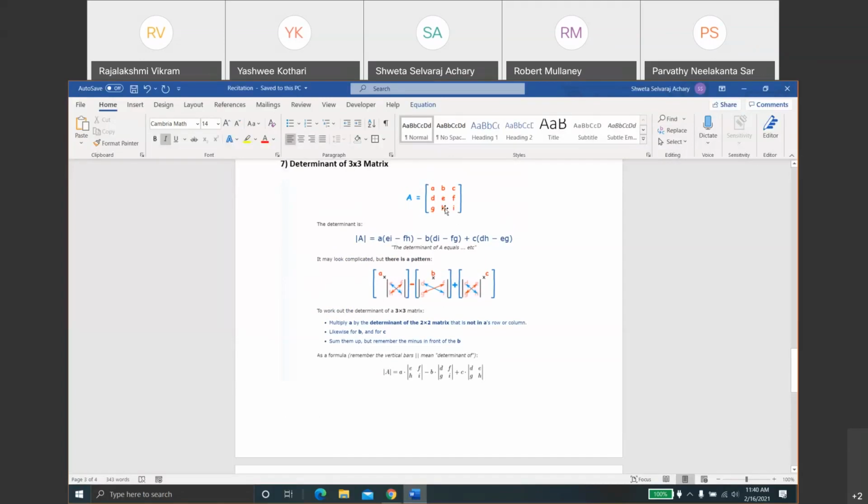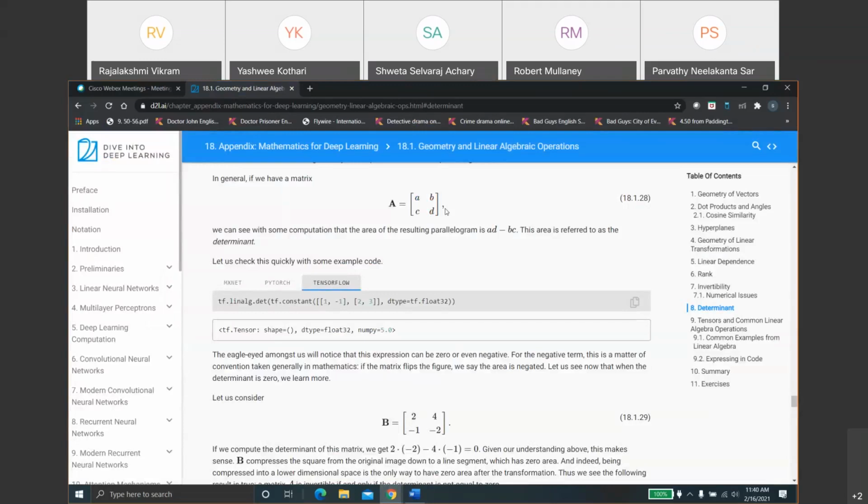So I'm just showing this, but we have a function in TensorFlow to calculate determinants, so we won't be using these formulas a lot, but just to give you an idea of how a determinant for a 3x3 matrix would be found.